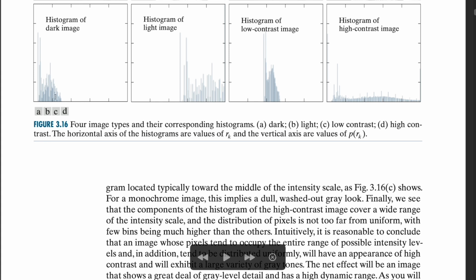Well, we can see that most of the pixels are located in this range, which means the lower range. So most of the pixels have low values, and what can we infer from it? We can infer that the image must be a very dark image, because it has really no light pixels. All of the pixels are dark.